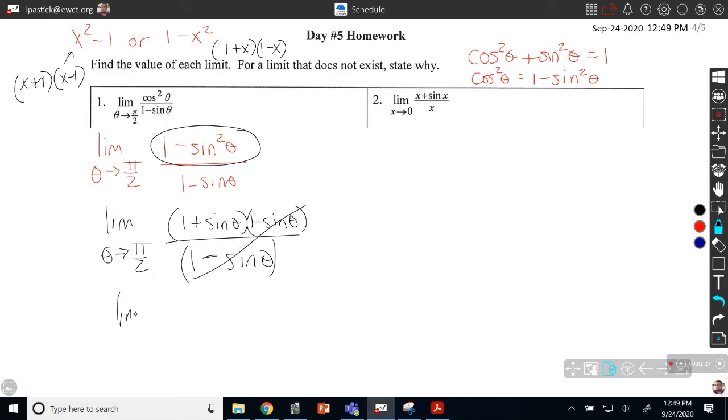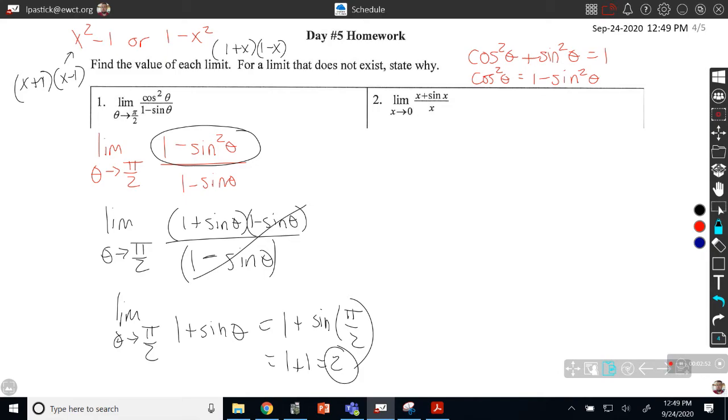And now we've got the limit as theta approaches pi over 2 of 1 plus sine of theta, and we can plug and chug at this point. So we've got 1 plus the sine of pi over 2. Pi over 2 is at the vertical position in the unit circle, and the y-coordinate there is 1. So 1 plus 1 equals 2.